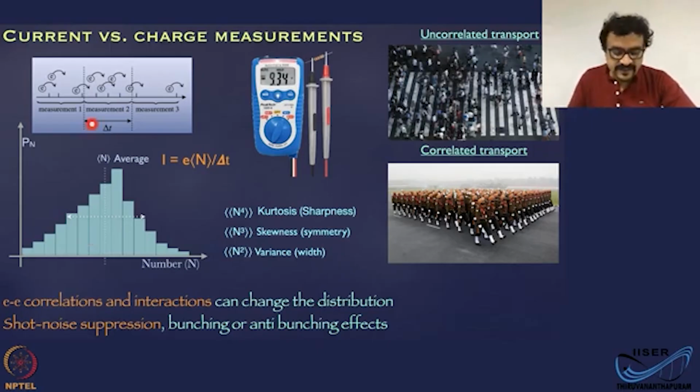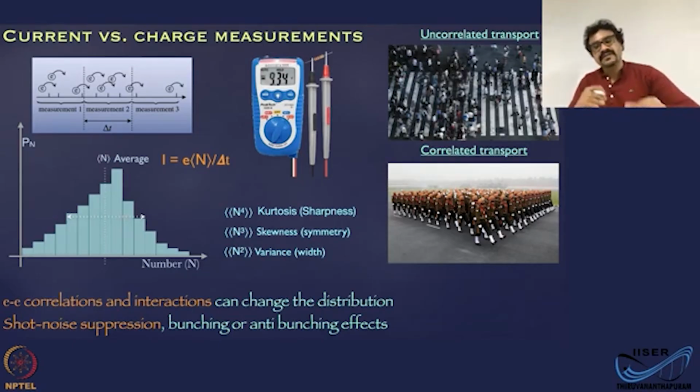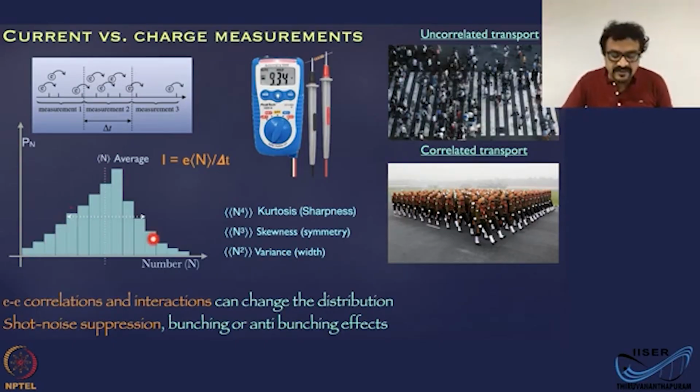In any time interval delta t, the most probable number that would be going through is this average number n. But there is a fluctuation into that. It could be n minus some number, n plus some number. But on average, there is a distribution that is given by something like this.